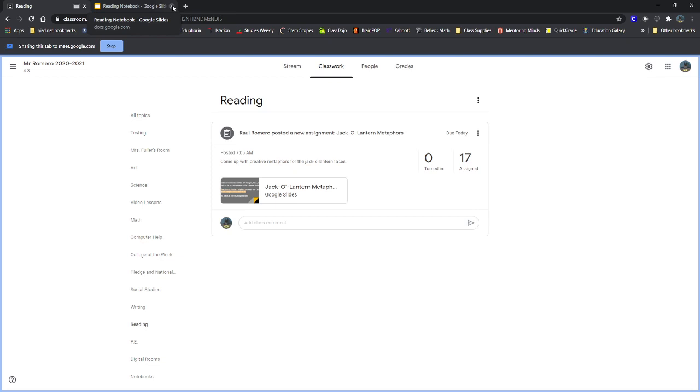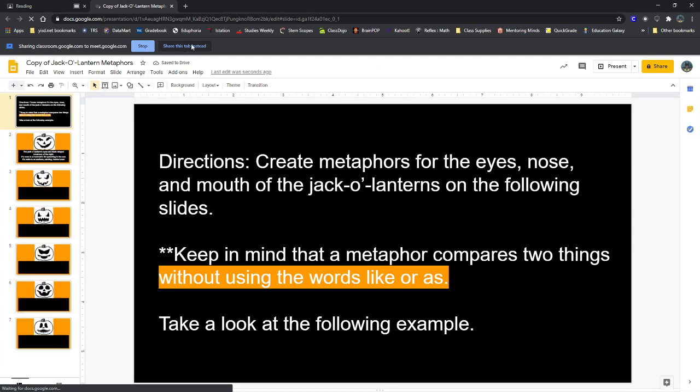We're going to open that up. Now, for the jack-o'-lantern metaphors, there's one that's done as an example for us, so we can kind of see what they want us to do.